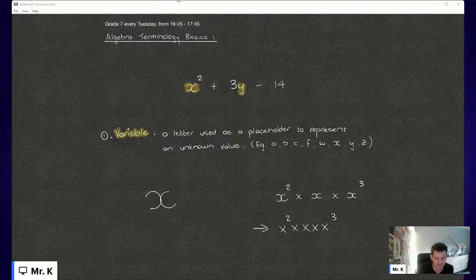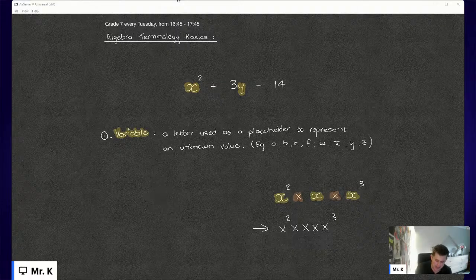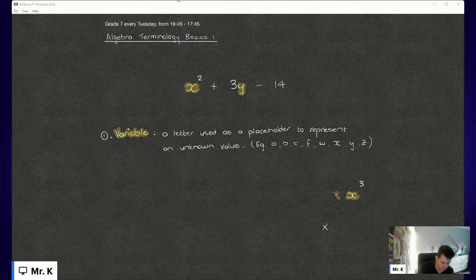Okay. This is unreadable, and there's no way for us to distinguish between the letter x, the variable, which represents an unknown value, and the multiplication signs. So that's why we have a curved x like that. Right, so that's the first word we need to understand, a variable.